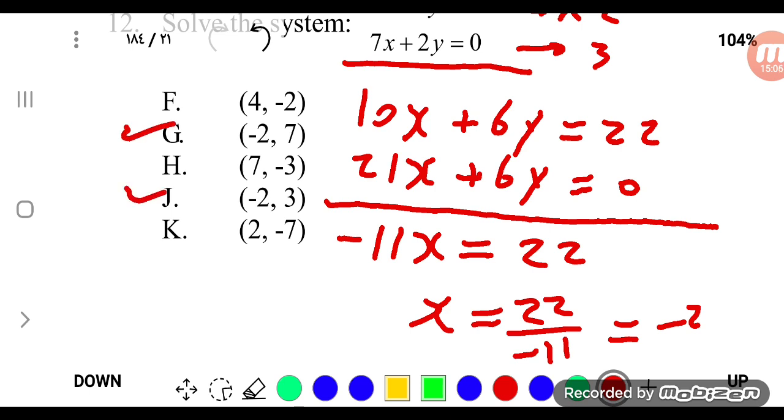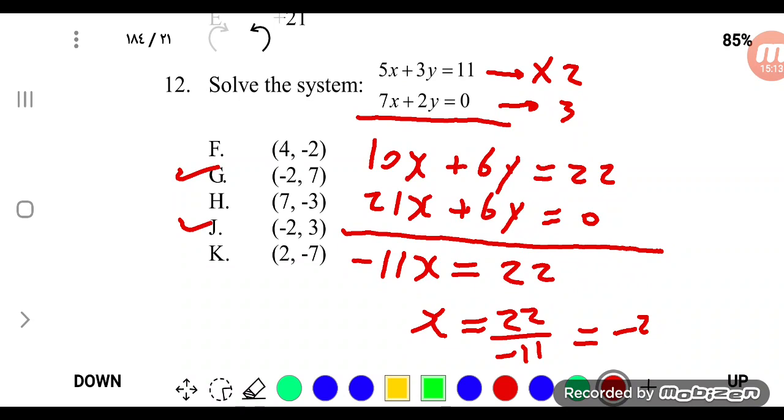Let's continue and find y. So I plug negative 2 in one of the equations. Let me plug negative 2 in the upper equation. 5 times negative 2, you get negative 10 plus 3y is equal to 11. Take 10 to the other side.